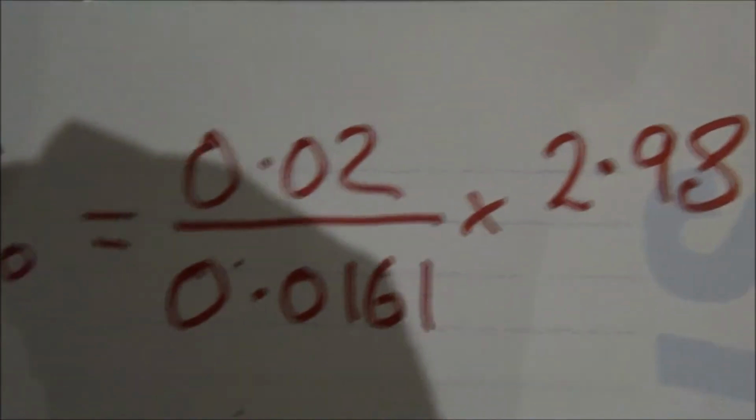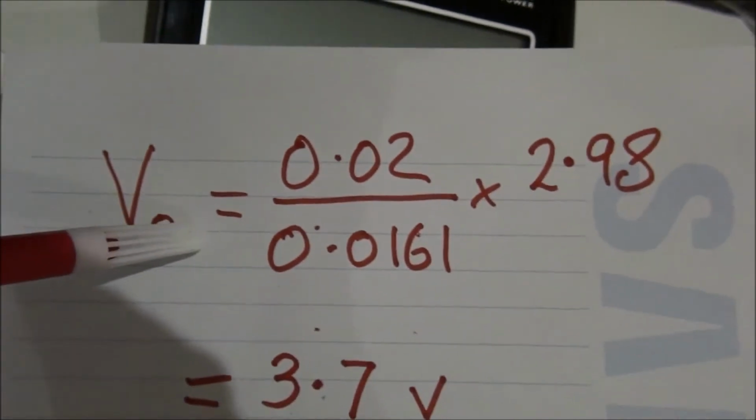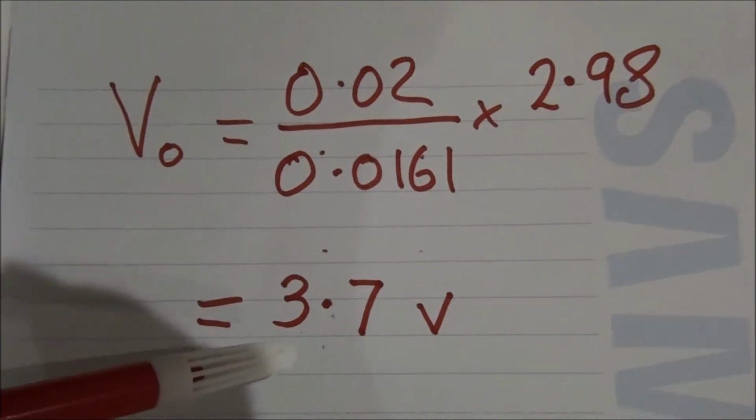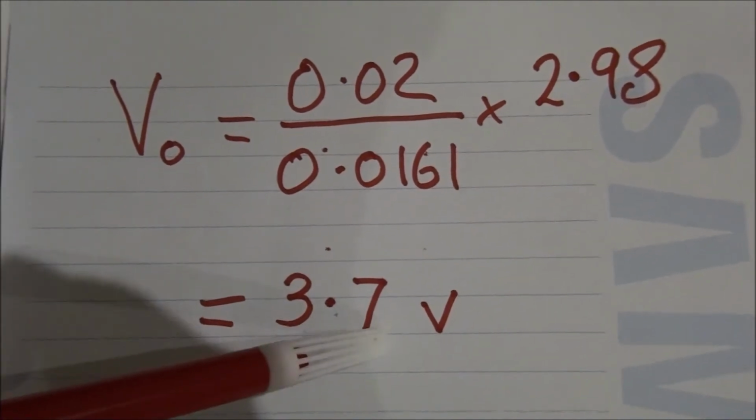And we use that formula there. We put the values into the equation as I just said. We get for that particular LED, the white LED, 3.7 volts at 20 milliamps.